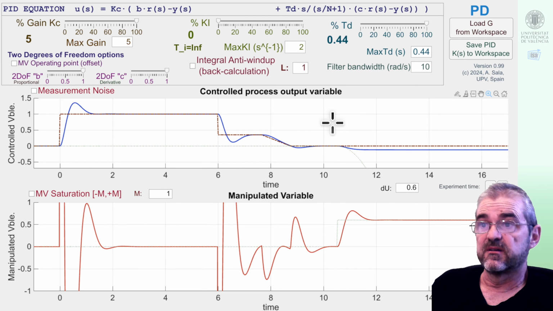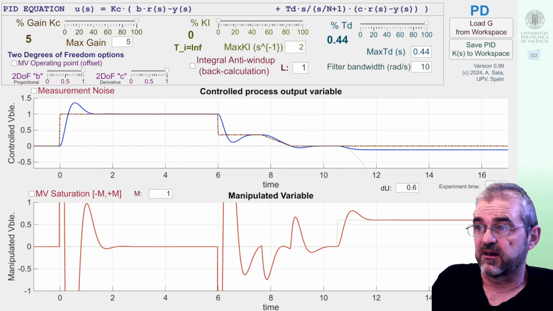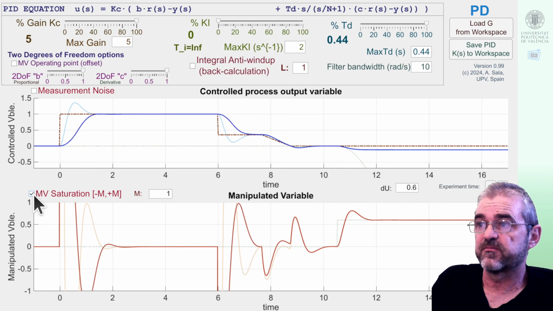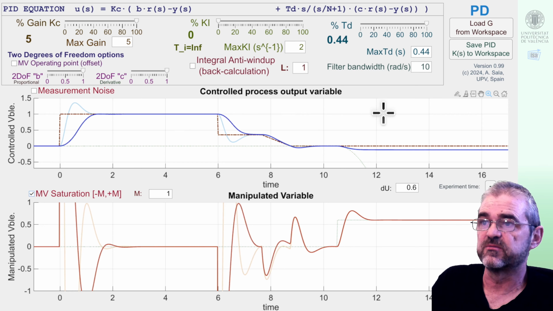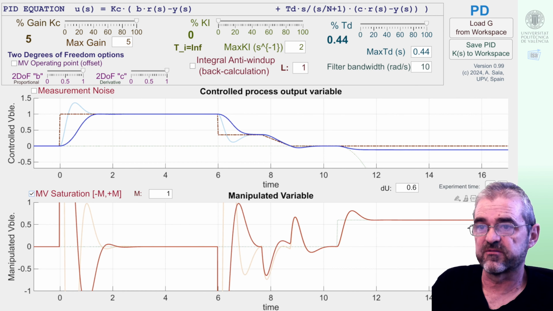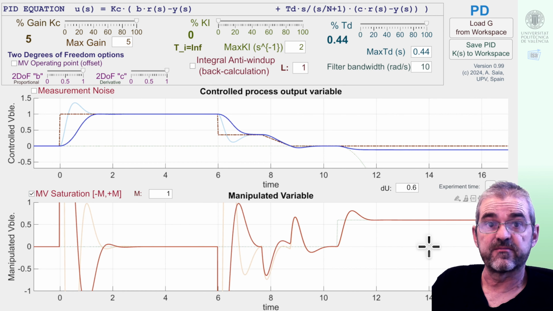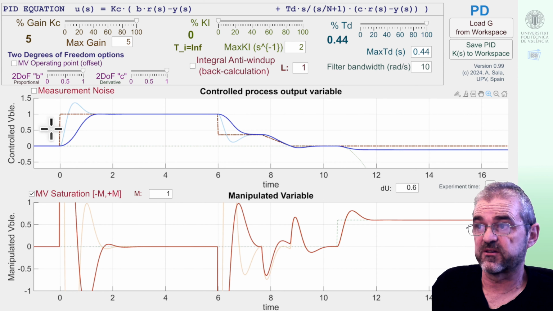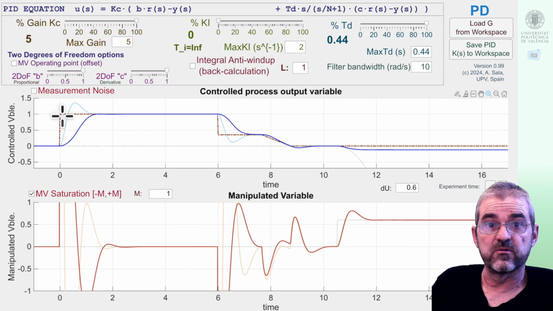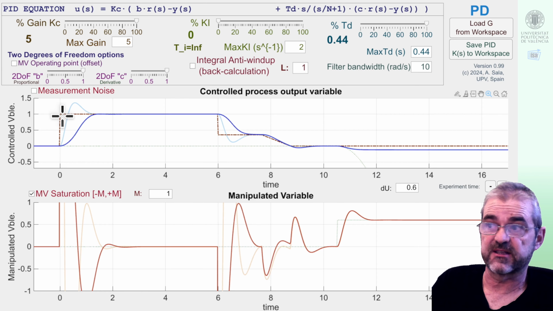What's the problem? Well, that in real life we have saturation, so things are very different, because without saturation my proportional gain of 5 means that when error is 1, my control will be 5 times larger than what I am allowed to, so that's a problem.